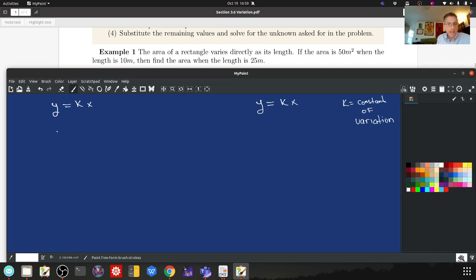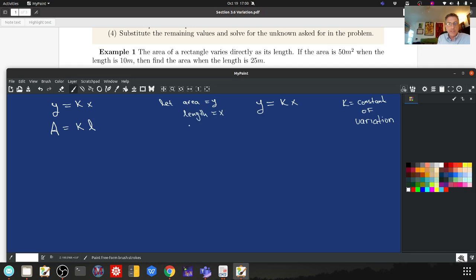Now in this case, what is it that varies directly? A varies directly as the length L.